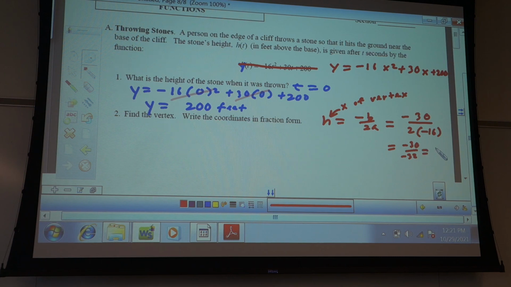I can reduce this a little bit, dividing top and bottom by 2, and I'll get 15 over 16. If you left it as 30 over 32, that's okay too, but it'll help if you divide top and bottom by 2. Okay, so that's my first one.